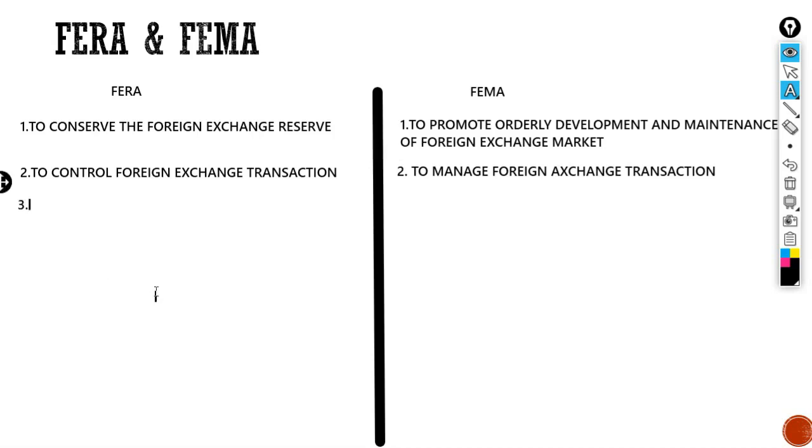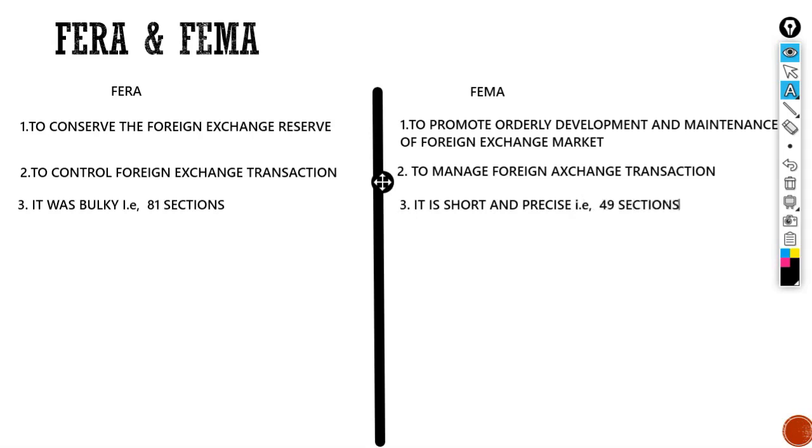The third difference between both of them is that the FERA Act was quite bulky. That is, it was made up of 81 sections, whereas FEMA was a bit shorter. It is short and precise. That is, it has only 49 sections.